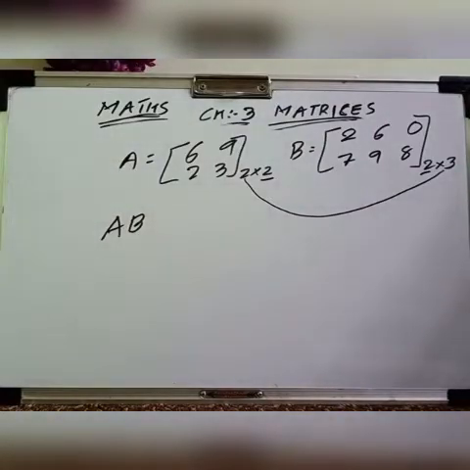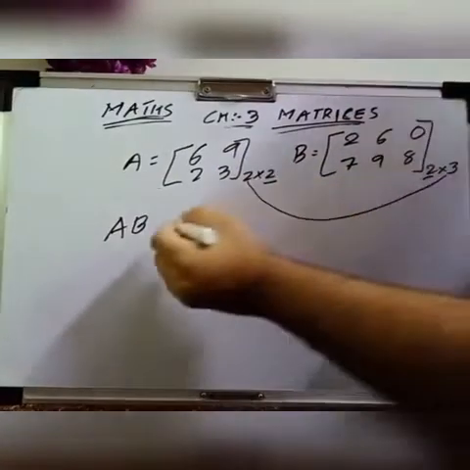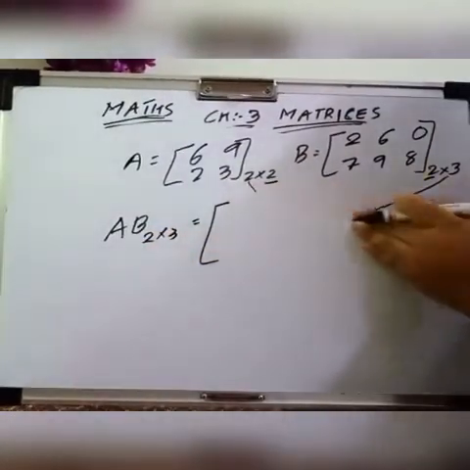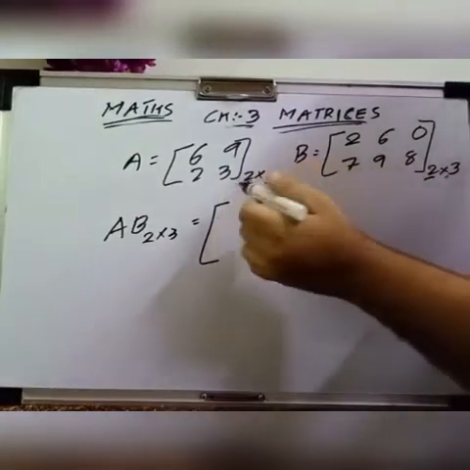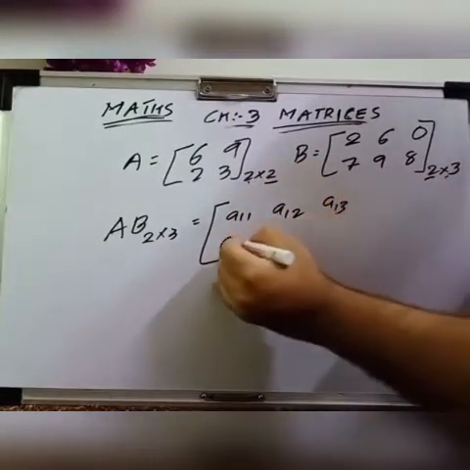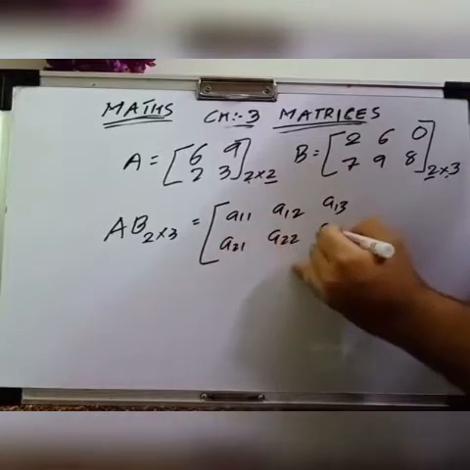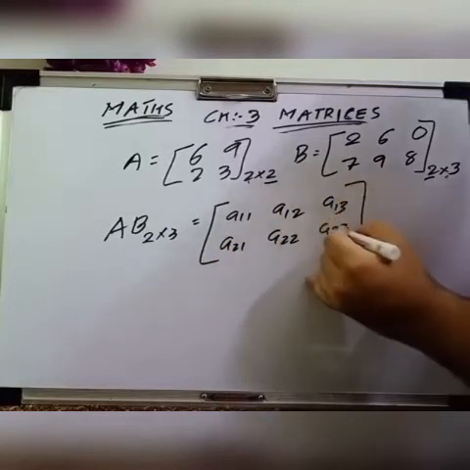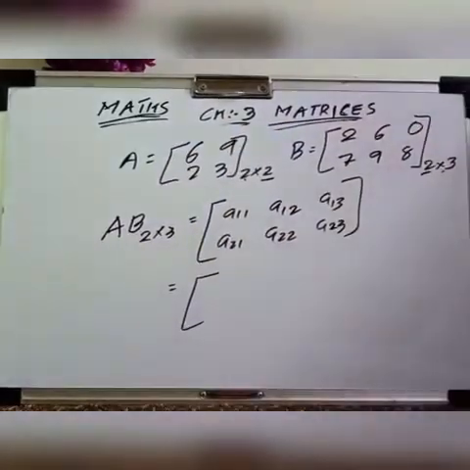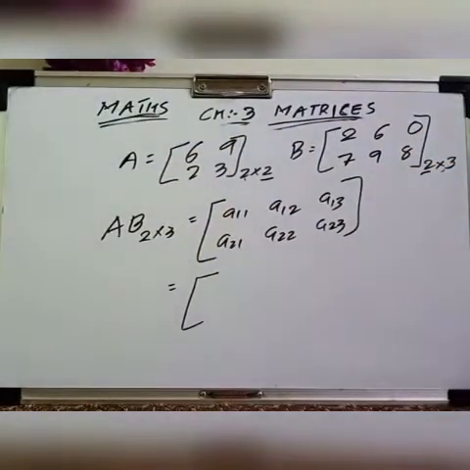So here the resultant matrix will be of order 2 cross 3, right? Therefore it will be of the form A11, A12, A13, A21, A22, A23, right? Always remember that we will use the row of the prefactor and the column of the post factor.